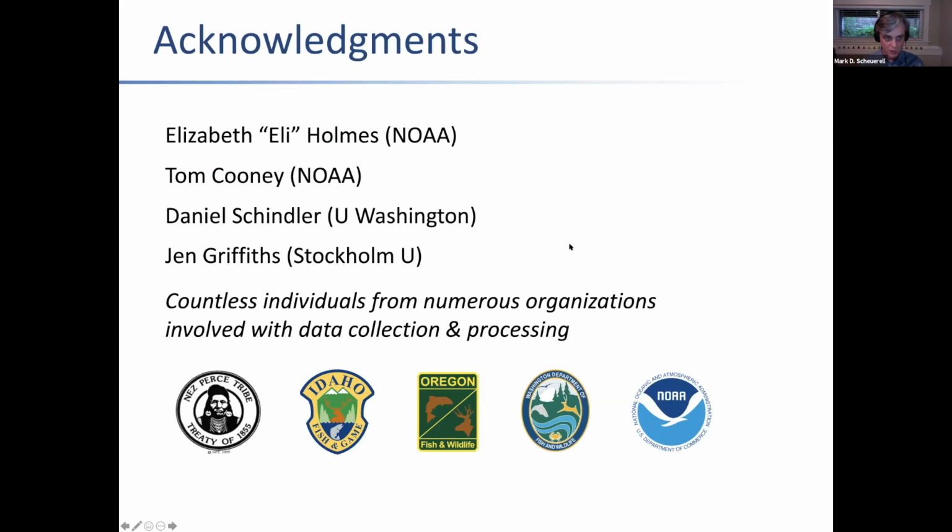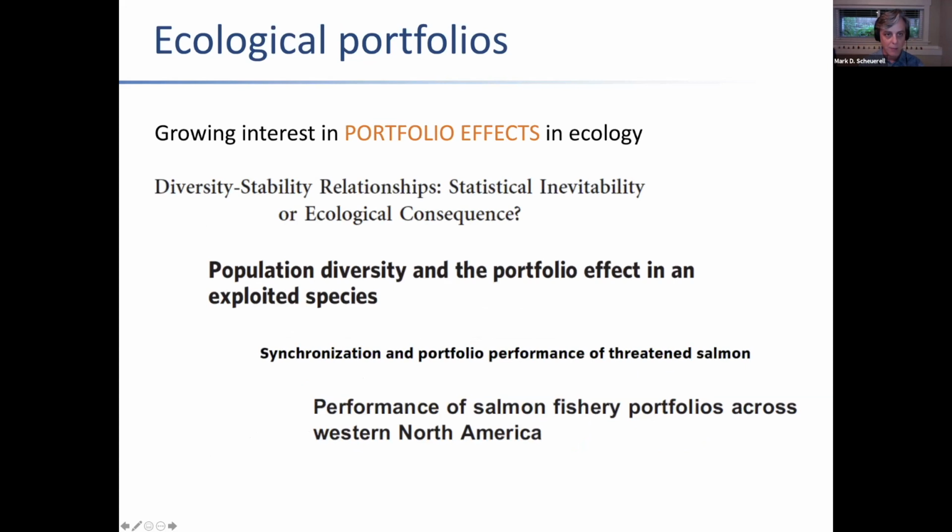Eli was involved with this a little bit, and a former student at SAFS, Jen Griffiths, who at the time was a postdoc at Stockholm University. For those of you who are unaware, ecological portfolios are a really hot thing in the world right now. And these are just some titles from some papers that were published in the last few years.